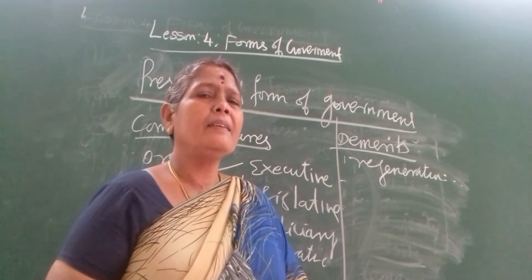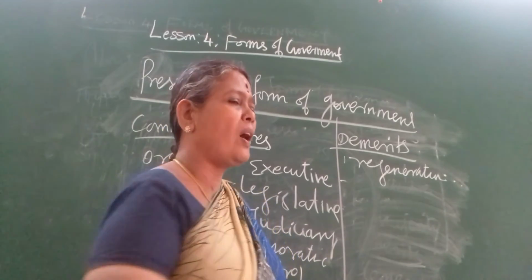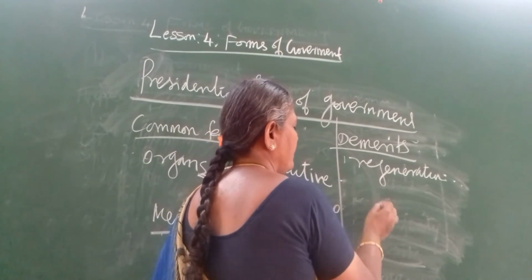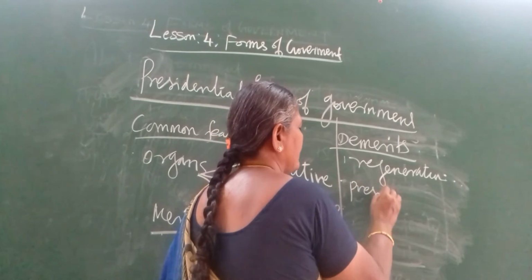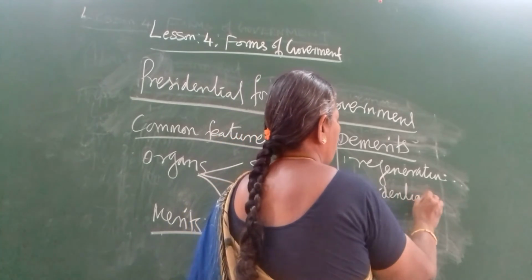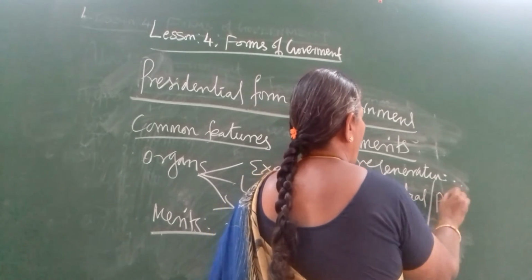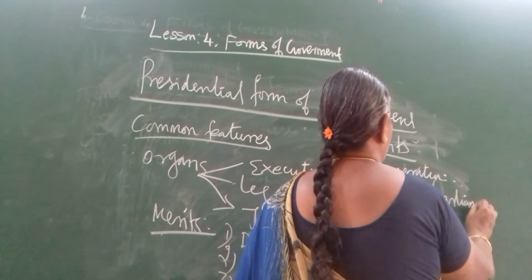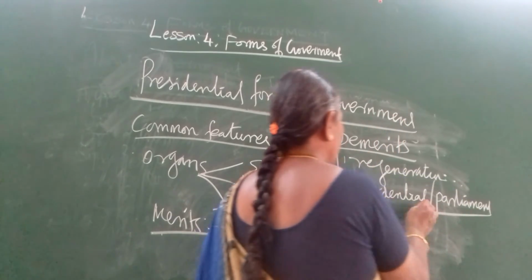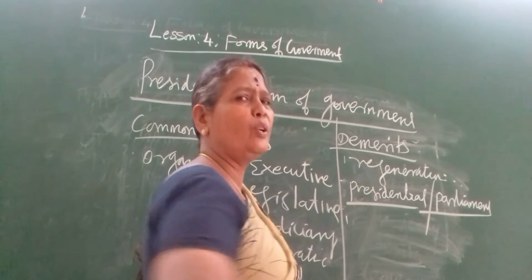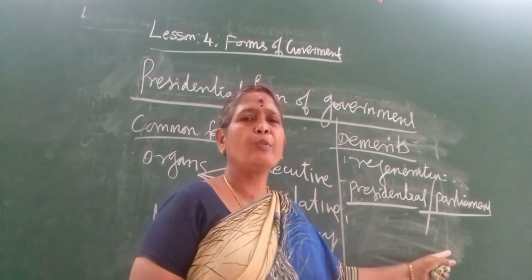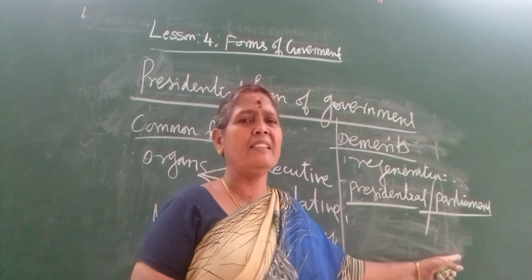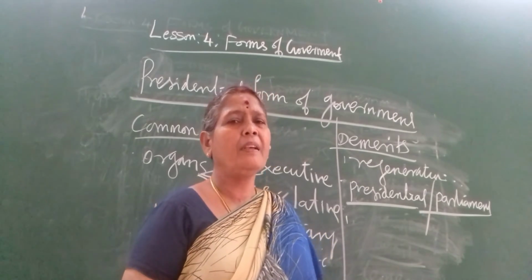Let us see the next topic, children. What is the difference between the parliamentary form of government and the presidential form of government? Here, in the presidential form, who is supreme? The president is supreme. In the parliamentary form, the collective legislature is supreme.